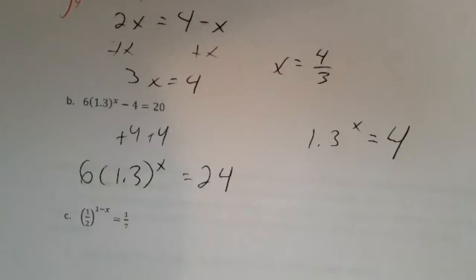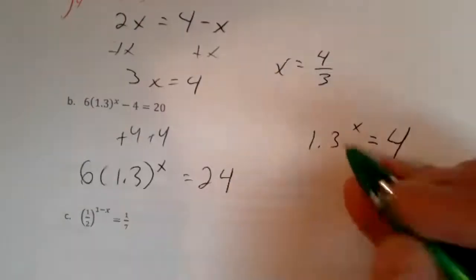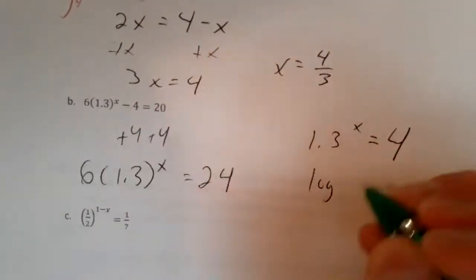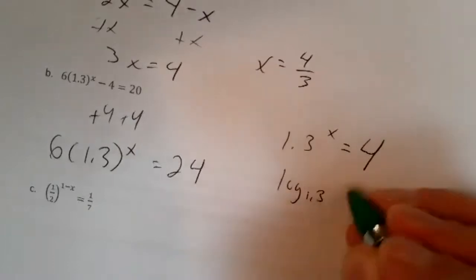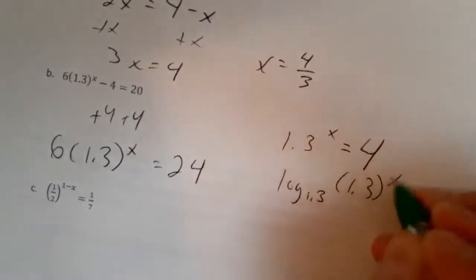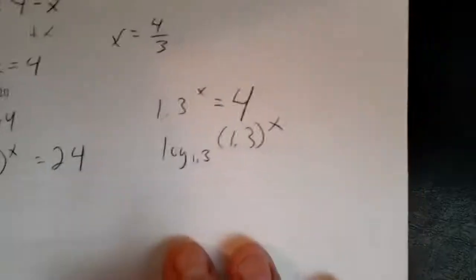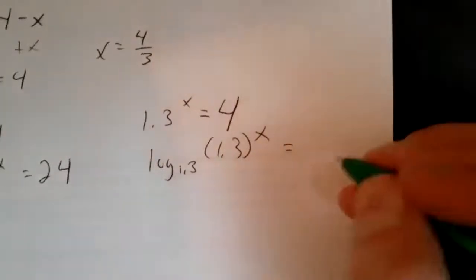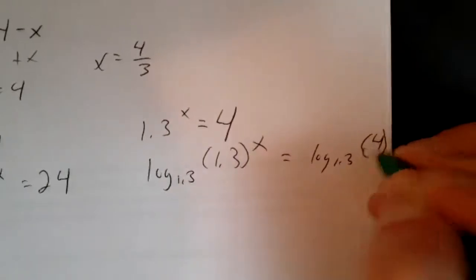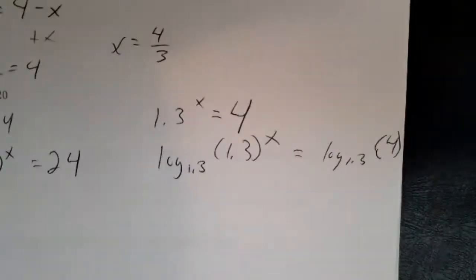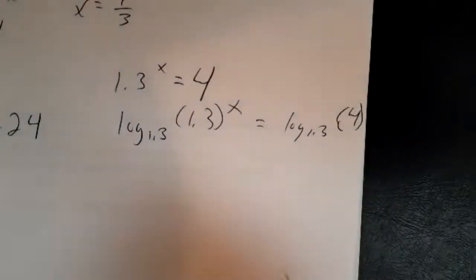If I want to undo an exponent, the opposite of exponential is logarithmic. So I'm taking a log. Oh man, people have made fun of me for doing weird base logs, but it works. And we're doing log base 1.3 of 1.3 to the x equals log base 1.3 of 4. Let it be known that every mathematician has their way and it's not all the same way.